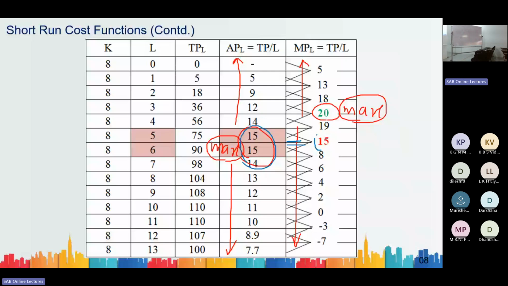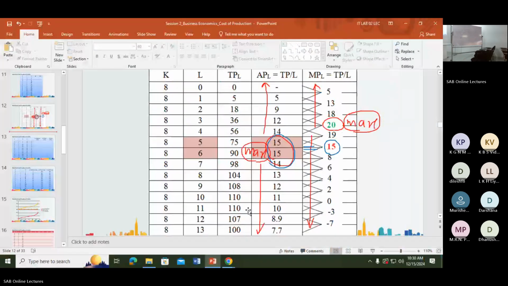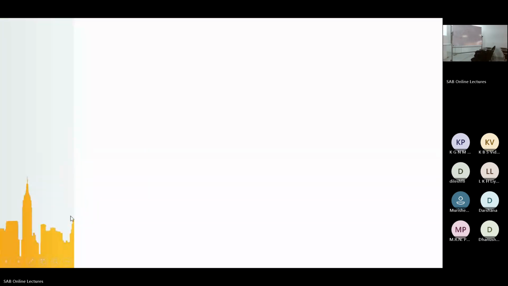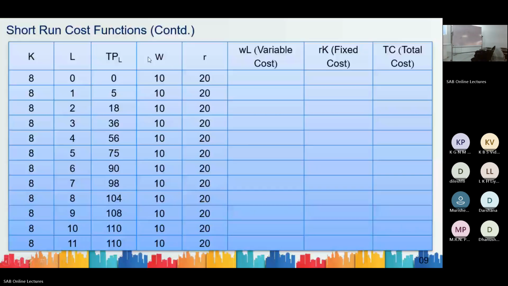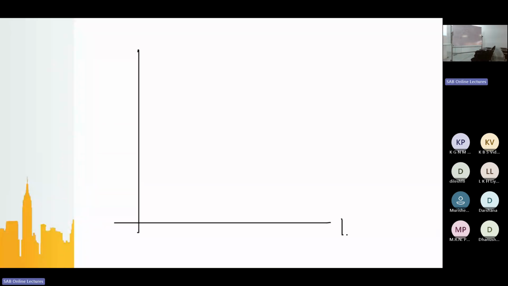So the curves take these shapes. We have labor on the horizontal axis, average product of labor and marginal product of labor curves.